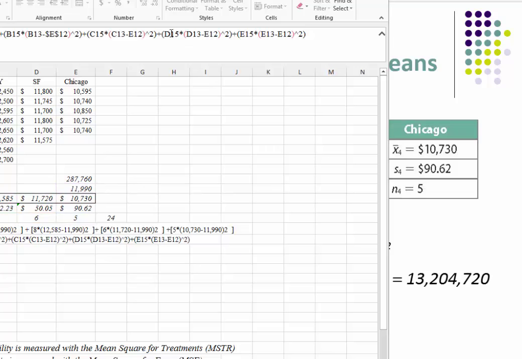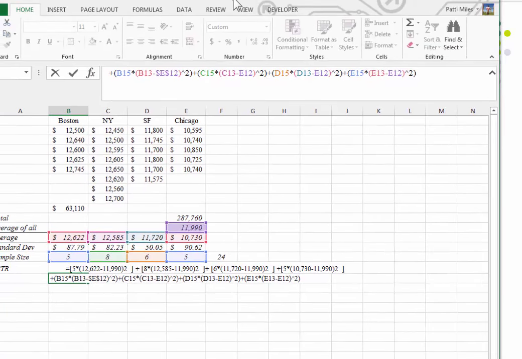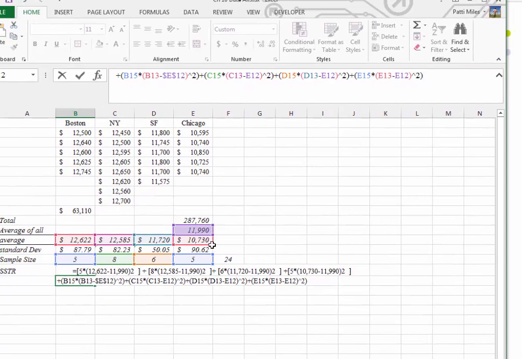And so there I have made a working formula where I took the n, I multiplied it by the difference between this mean and the average, and then I squared it, plus this, plus that. Whoops, I guess my thing slid away there. There I've made the working mean to go with my non-working formula here.